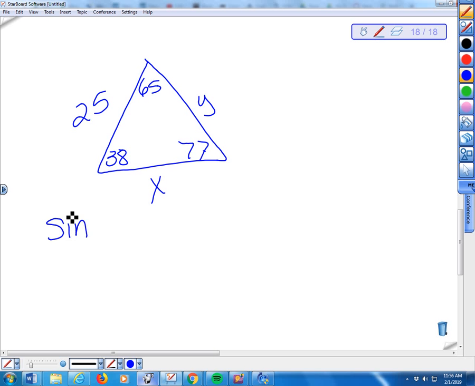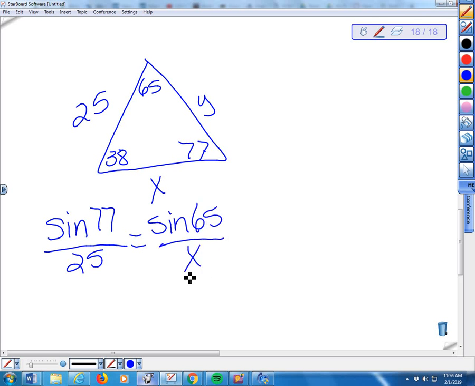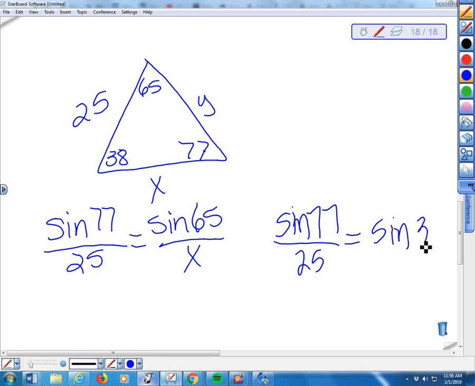Sine of 77 over 25 is equal to sine of 65 over X. Then I could also set up sine of 77 over 25 equals sine of 38 over Y. Then I just solve these two.